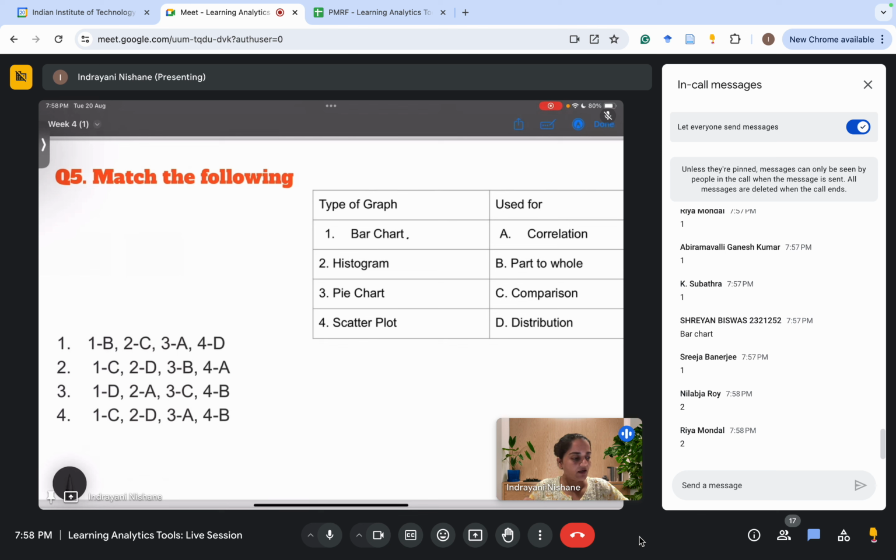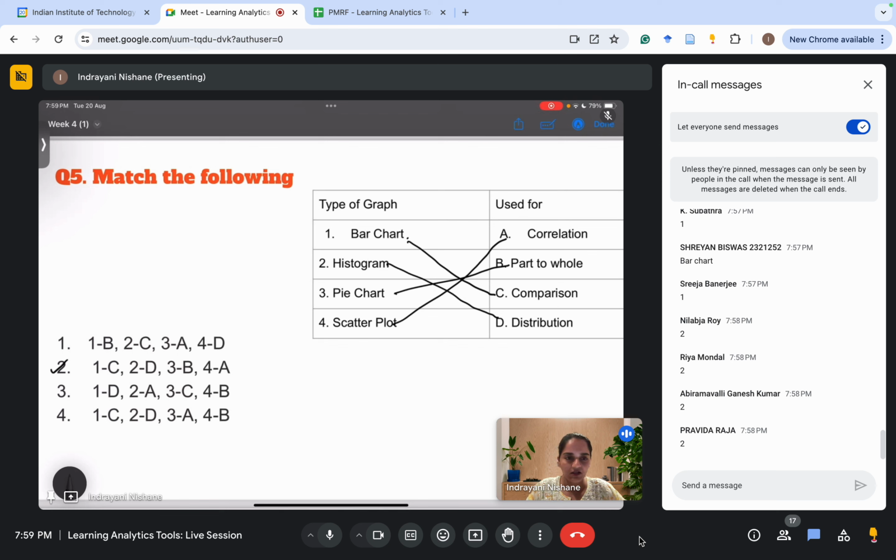So a bar chart is used for comparison, as we just saw. With a histogram, we can plot distribution. Then pie chart, part to whole type of information. Scatter plot, correlation between the variables. So this brings us to option 2.